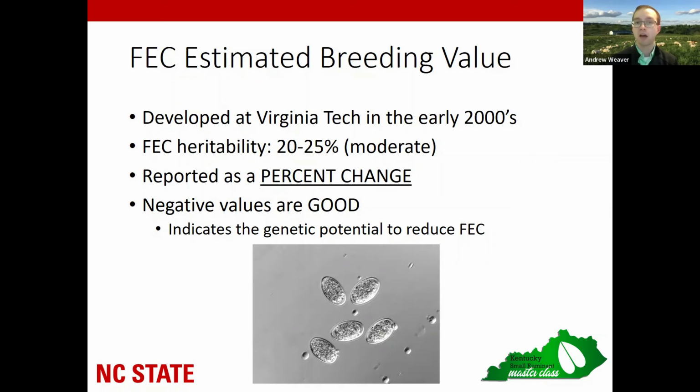That means negative values are good. Negative values mean that that individual has the genetic potential to reduce or lower fecal egg count. So by lowering fecal egg count, we lower parasite burden, and we would expect that individual to be more parasite resistant. So low fecal egg count is good. Negative fecal egg count EBVs are good.